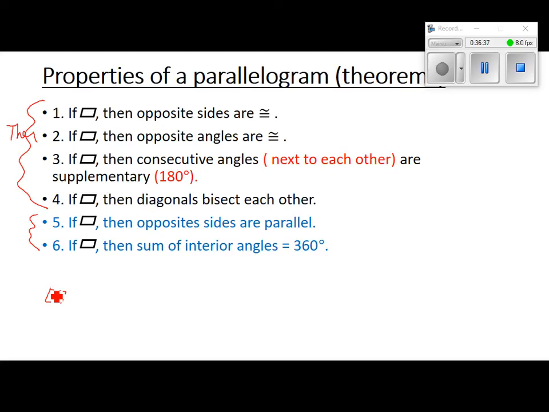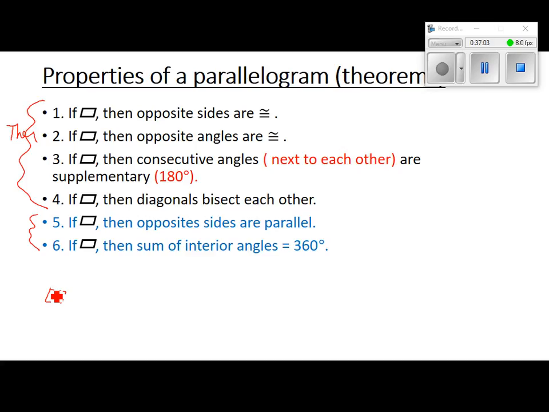The diagonals bisect each other, so each diagonal splits into two equal parts. Opposite sides are parallel. We already talked about that. The sum of the interior angles: how many sides does this parallelogram have? Four sides. So all four angles always add up to 360 degrees.